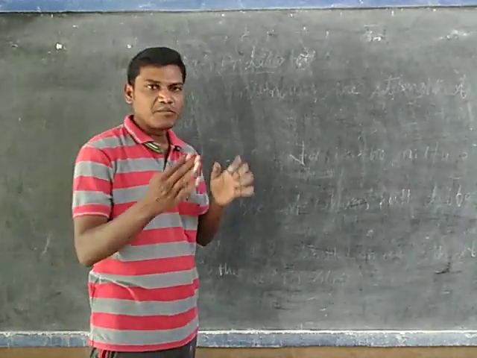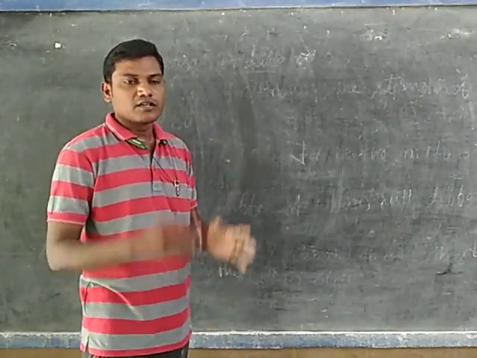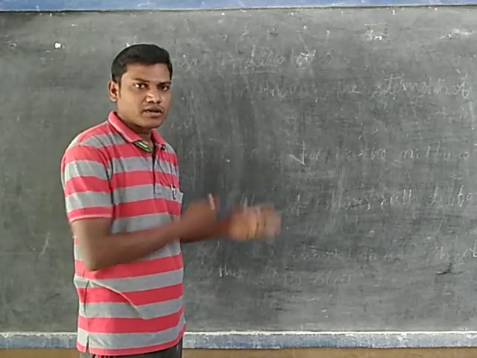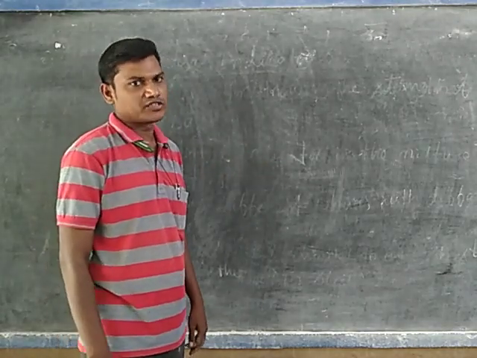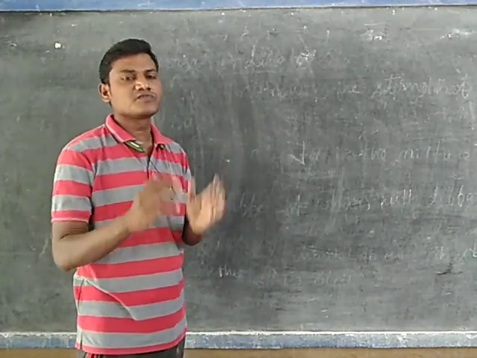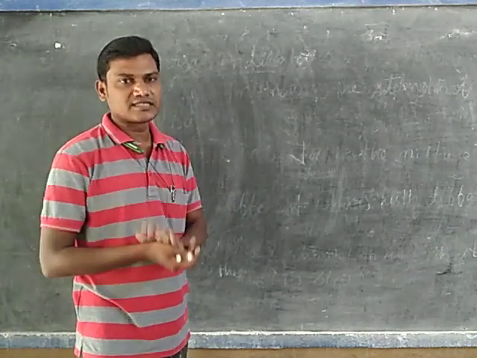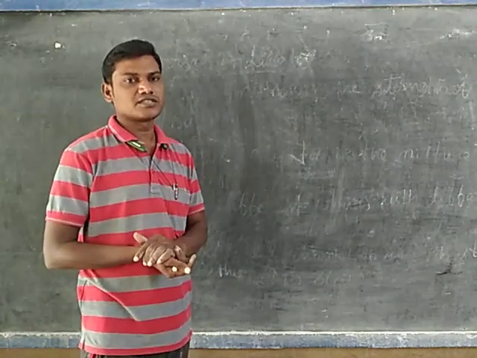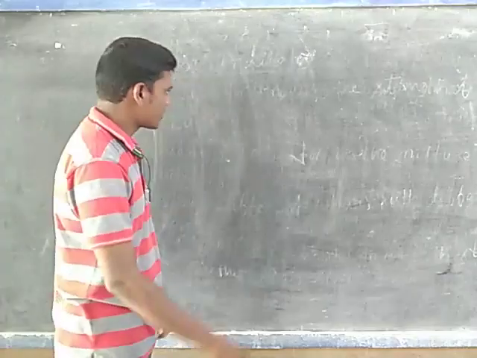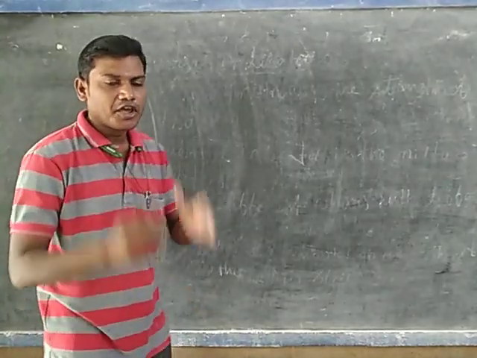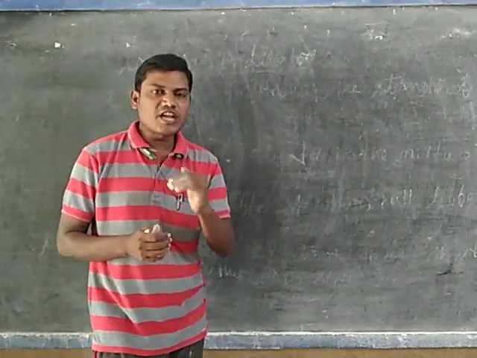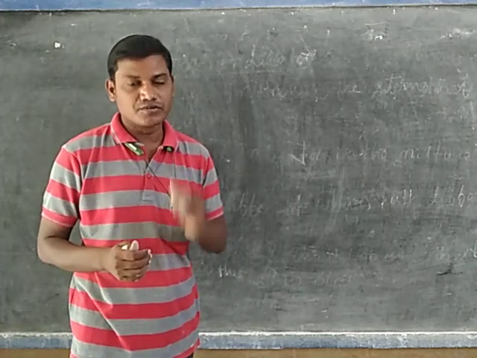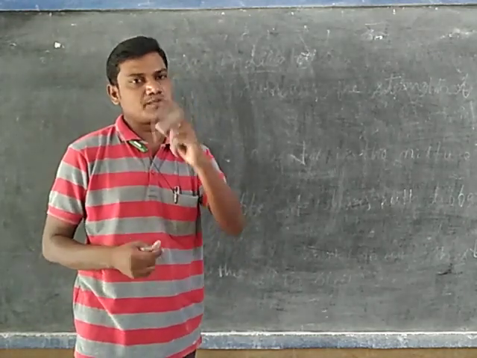Now, in the melting concept, we discussed some extra information. This information is useful to you for competitive examinations like APRJC and Polytechnic also. What is that? During the melting, which observations did we make? We made two observations.